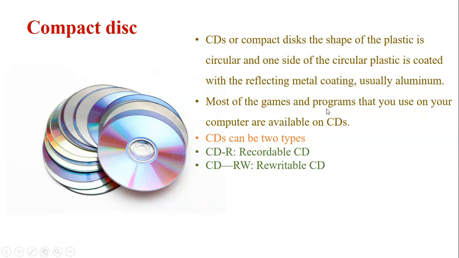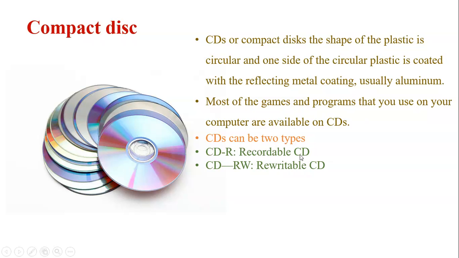Now most of the games and programs that can be used on the computer are available on these CDs. The games, programs, music or any data that you want to use on the computer can be available on CDs. Now again, CDs are of two types. One is CDR. What is this CDR?